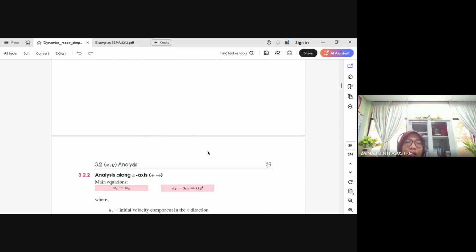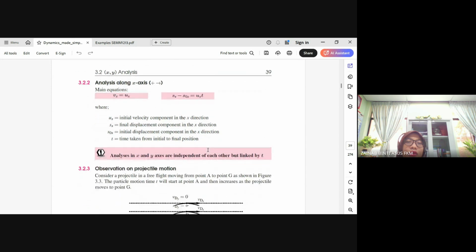Then we take a look at the analysis along the x axis. Remember, to the right is positive and to the left is negative. So we have the main equations. The first equation for x is that Vx is always equal to Ux.